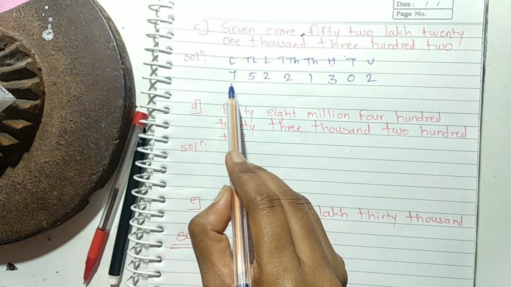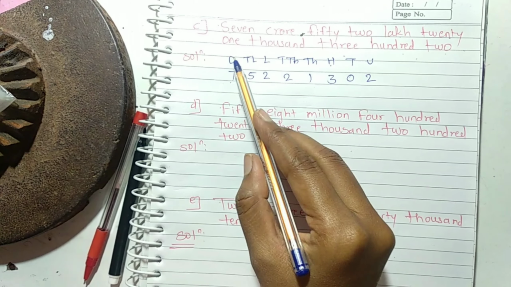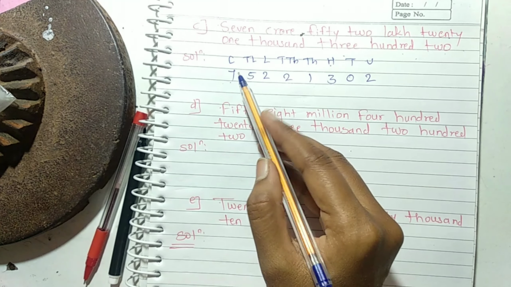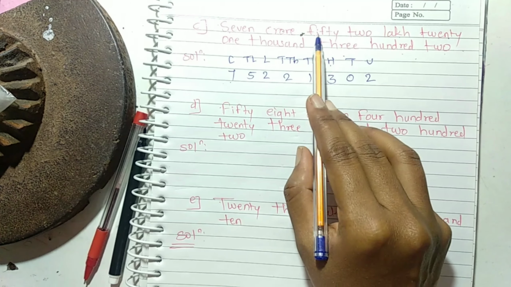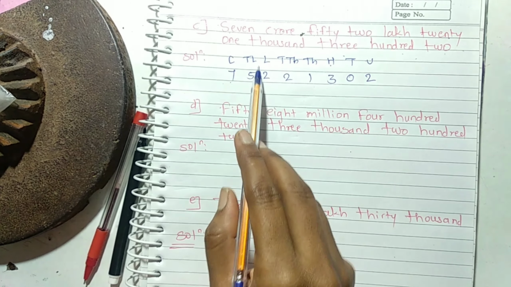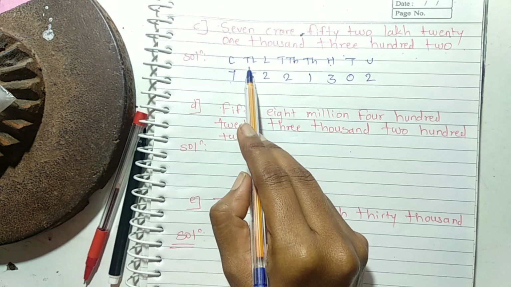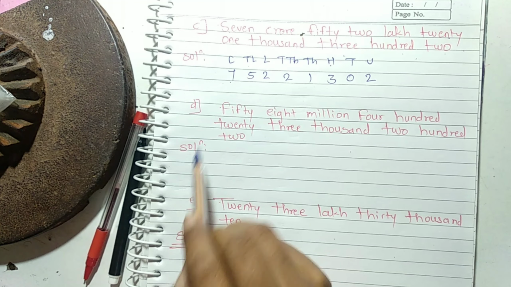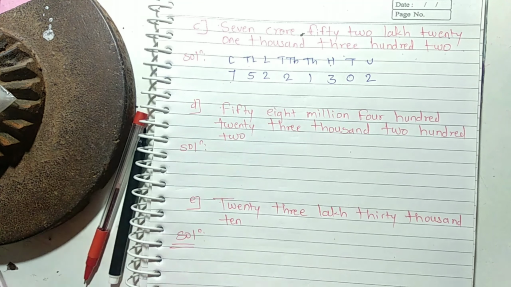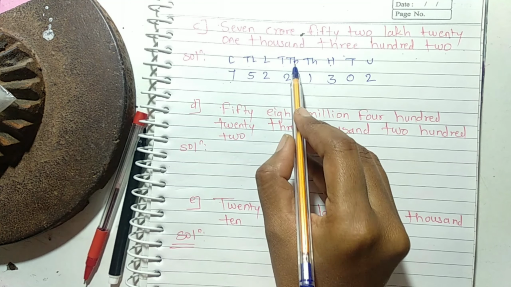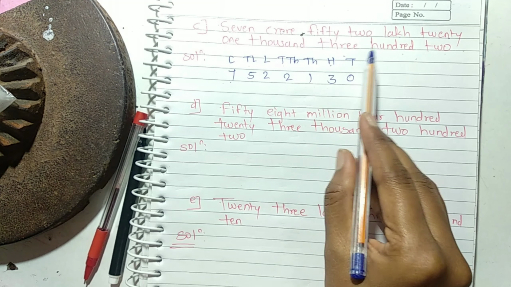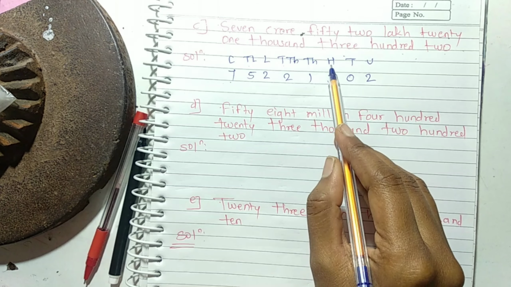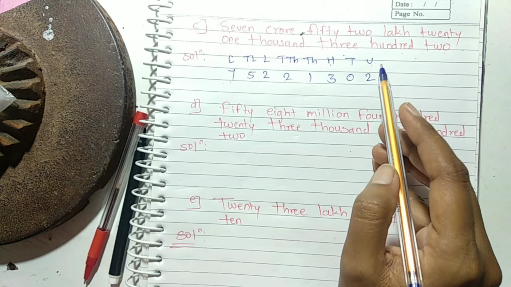Now look here once again. 7 is on crore place. 52 lakh: 5 is on 10 lakh and 2 is on lakh. Next 21: 2 is on 10,000 place and 1 is on thousands place. So 302 means 3 is on 100 place and 2 is on unit place.